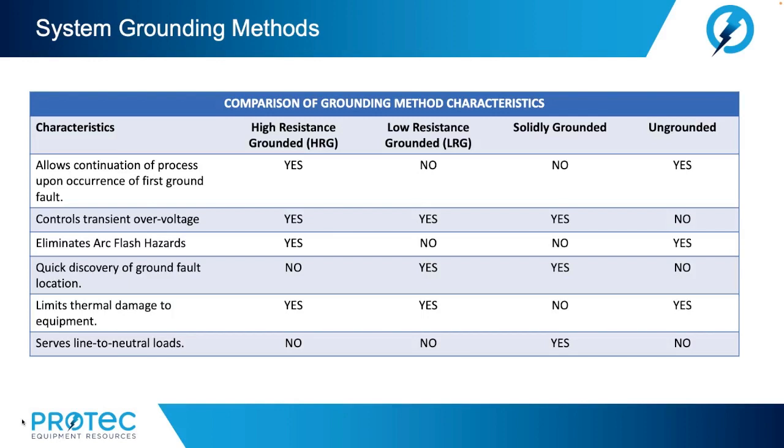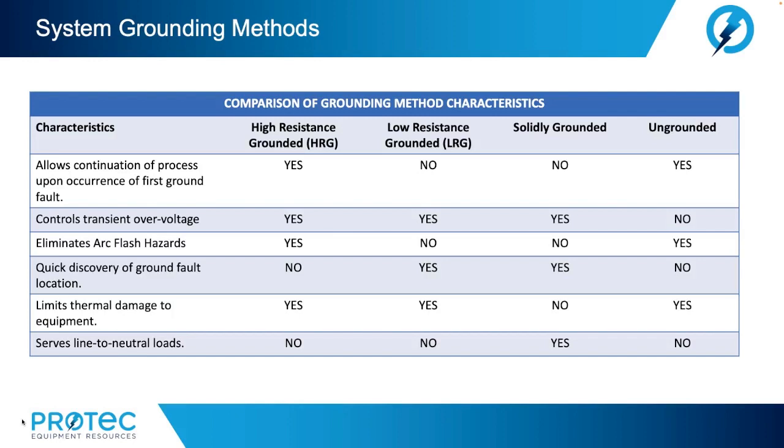Quick discovery of ground fault location: not on an HRG, yes in an LRG, and yes in a solidly grounded, and difficult to find ground faults in an ungrounded system. Limits thermal damage to equipment: yes in an HRG, yes in an LRG.